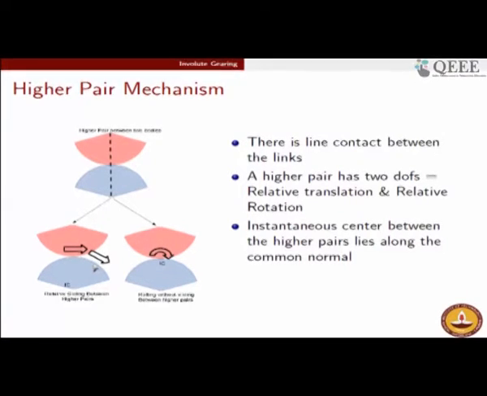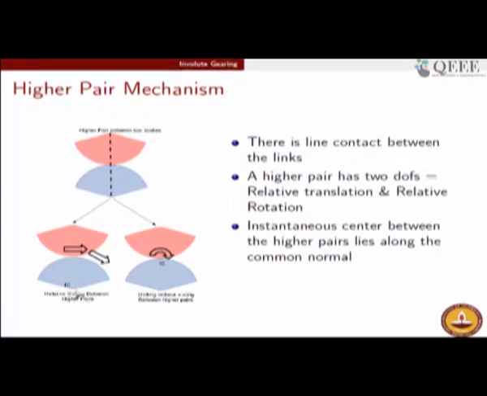It is different in the case of relative translation. In relative translation, since this body is undergoing curvilinear translation on a curvilinear path, the center of curvature of the path is essentially the instantaneous center, because you can replace this higher pair mechanism with a lower pair mechanism, and once you do that, it is easy to understand that the revolute joint of this lower pair mechanism is essentially the instantaneous center.